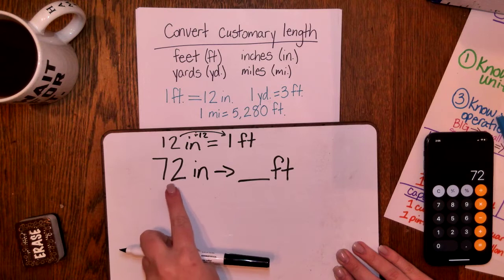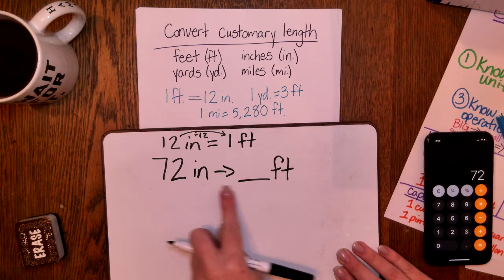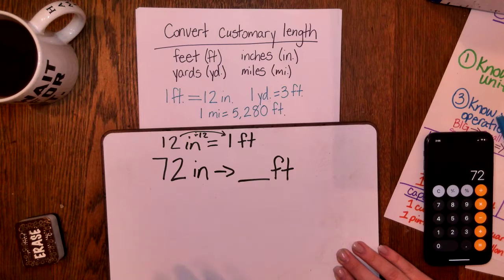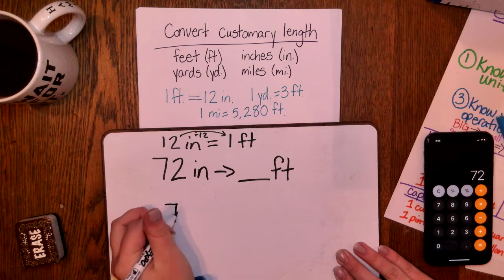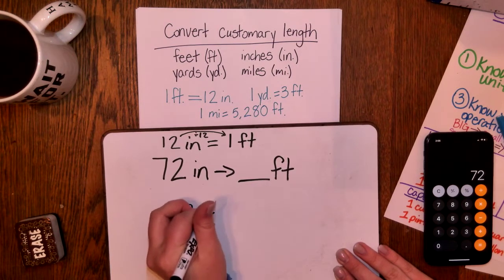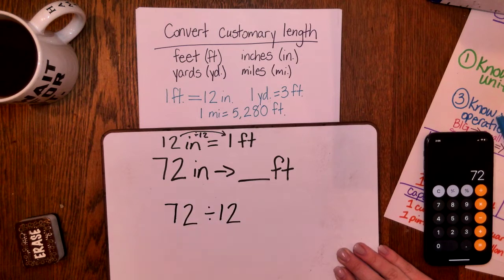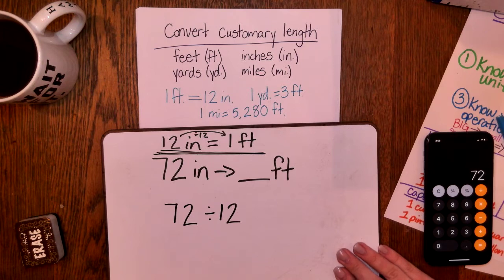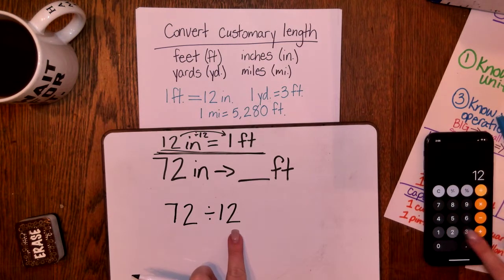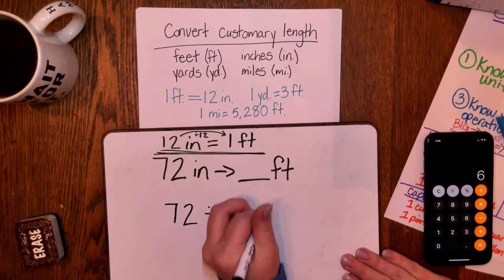So to move from 72 inches into feet, what am I going to do? 72 divided by 12. We always go back to our 1 foot is 12 inches. 72 divided by 12 equals 6.